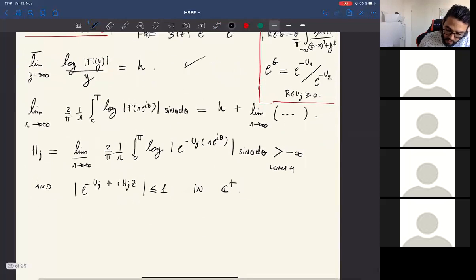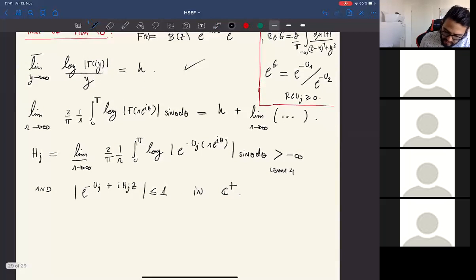What that means is that if I take the log here and do the calculation, then 0 is greater or equal than the log of this guy. And this is going to be just y minus h_j.